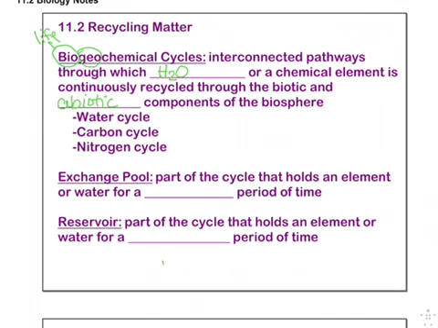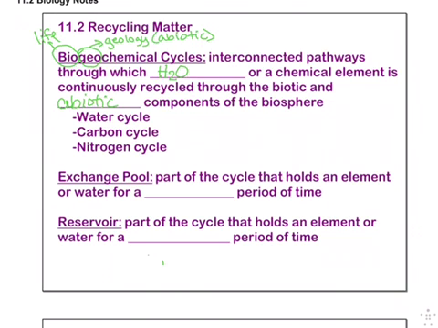The geo part refers to the geology or the non-living or the abiotic components. And I think the chemical is pretty self-explanatory. So we're moving items, elements, or compounds through life, the geology of an area, and chemicals. Okay, they're moving. So there are 3 of these cycles: the water cycle, the carbon cycle, and the nitrogen cycle.